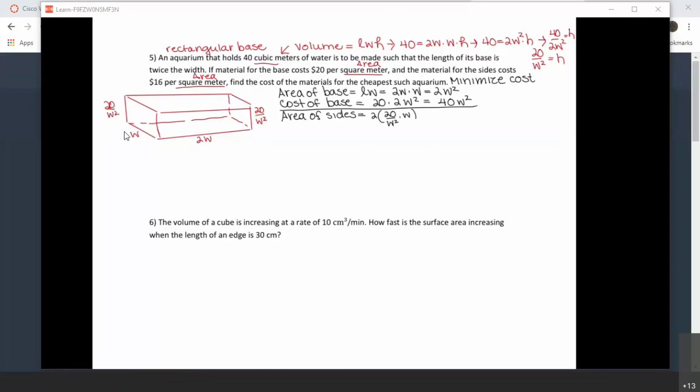I'm just multiplying the length times the width. And there's also two of the sides that are facing out of the page, right? And they're 20 over W squared times 2W.